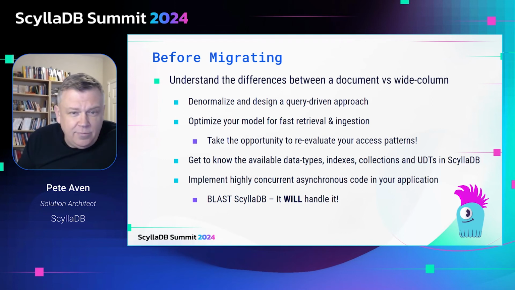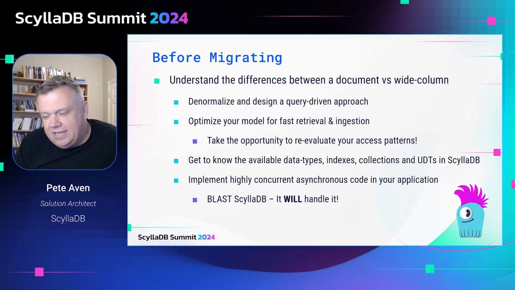So get to know the available data types, indexes, collections, and UDTs in ScyllaDB, and implement highly concurrent asynchronous code in your application. What we mean by this is, in this NoSQL world, it's okay to duplicate data across tables. When you ask a question of ScyllaDB, you do not want a question where Scylla has to ping pong all around the system, going to different partitions across different nodes to get the information.